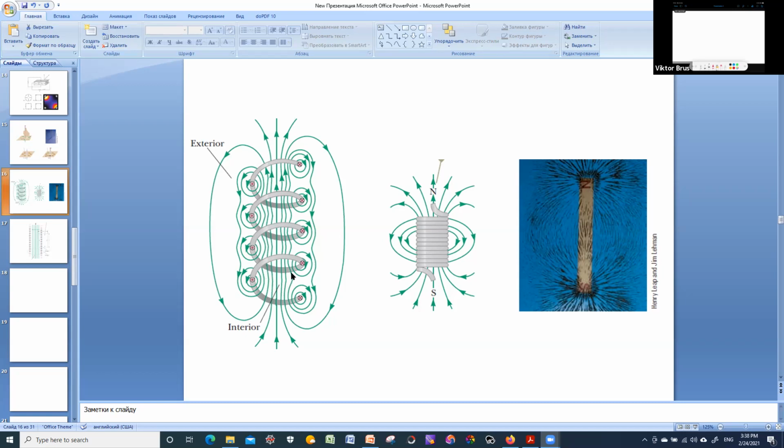This area surrounded by turns is called the interior area, and the area outside these turns is the exterior area. One of the most important features of solenoids is the possibility to obtain a quite uniform magnetic field in the interior area. It depends on how long this solenoid is.